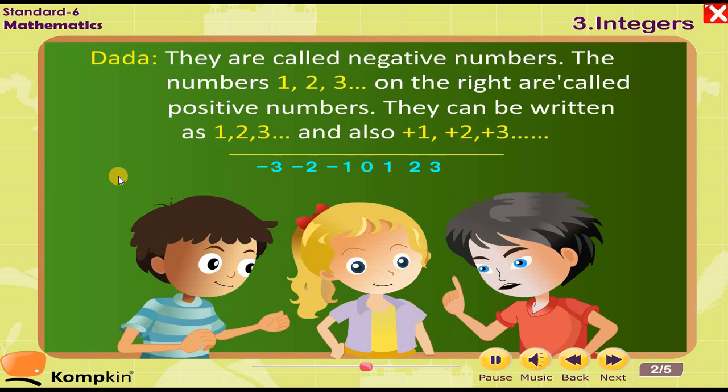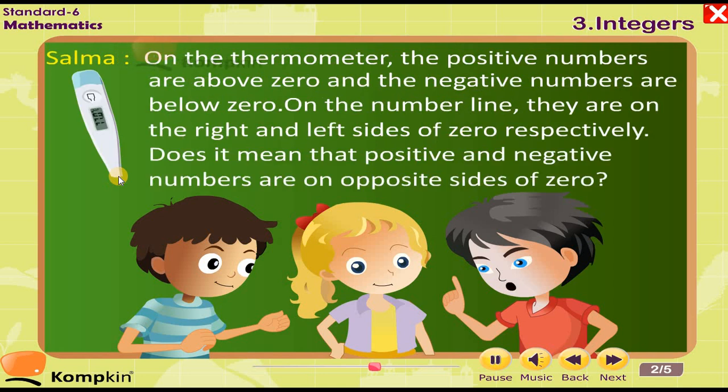They are called negative numbers. The numbers 1, 2, 3 and so on on the right are called positive numbers. They can be written as 1, 2, 3 and also as +1, +2, +3.